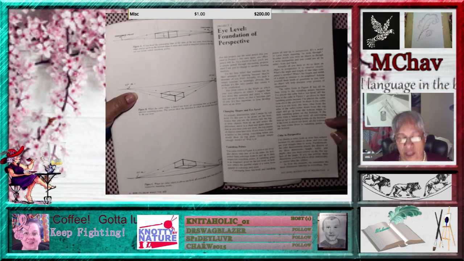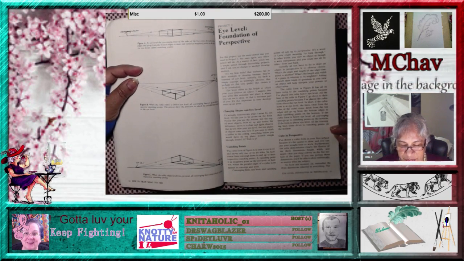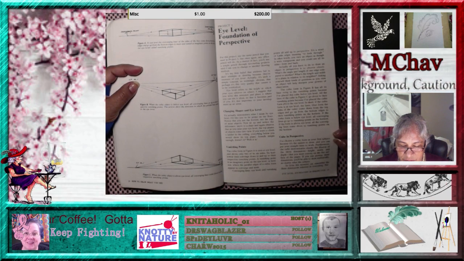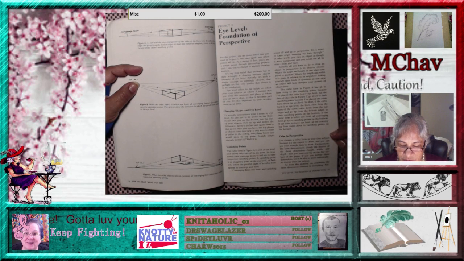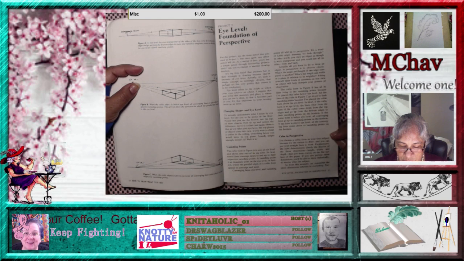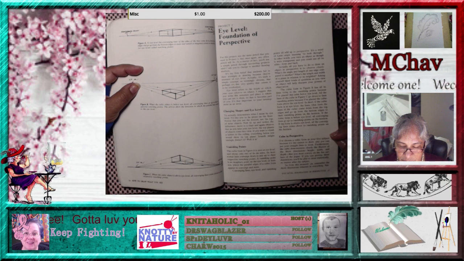Okay, now I'm going to talk about the cube in perspective. I've chosen a cube form as your first subject because it's the easiest to draw and you can put your straight lines to work.